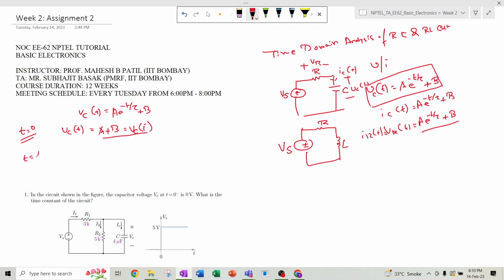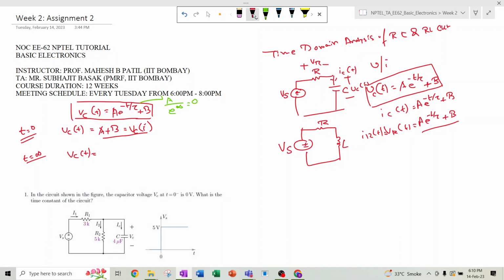Similarly, at time t equal to infinity, from this equation Vc(t), if we put t equal to infinity, this term goes to 0, because the term comes as a divided by e to the power infinity t by tau. We are putting the value of t as infinity, so it becomes 0.